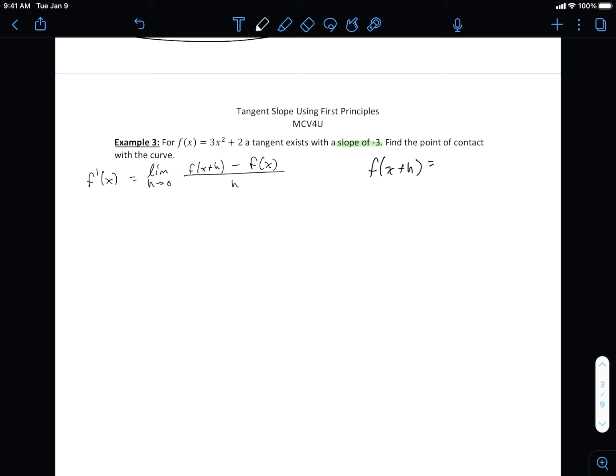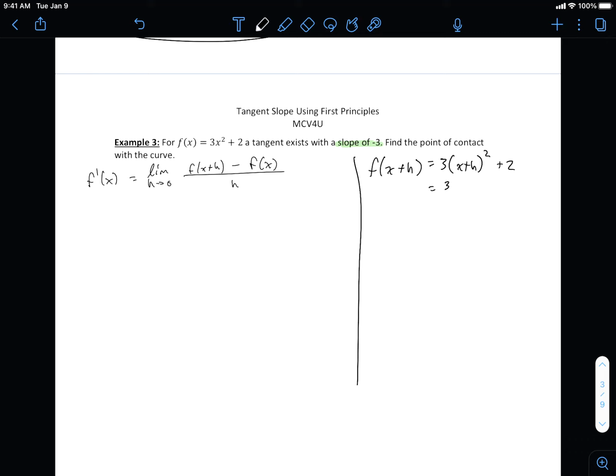So we're going to see 3(x plus h) squared plus 2. I don't see any other x's, so that's fine. We could even do the work right here. If you do the work separately on the right side, that might make the overall cleaning up over here, when we try to find the derivative, a little bit easier. I try to keep the stuff separate.